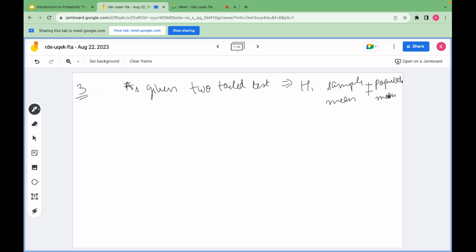The sample mean, which is x bar, is 9.45.